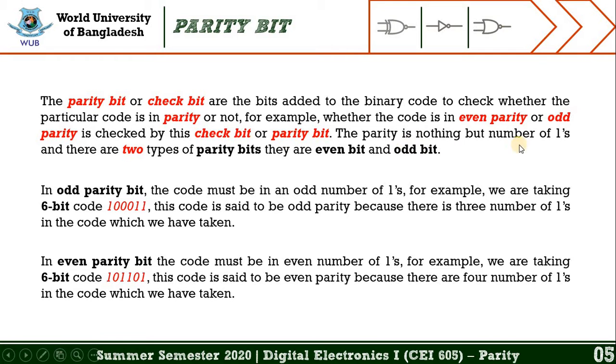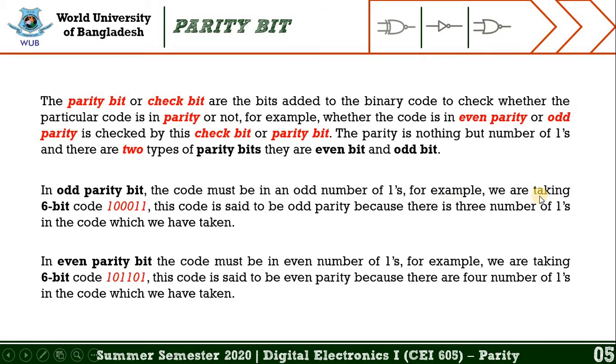The parity is nothing but the number of ones, and there are two types of parity bits: even bit and odd bit. In odd parity, the code must have an odd number of ones.